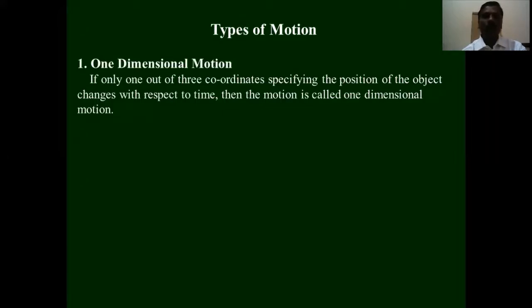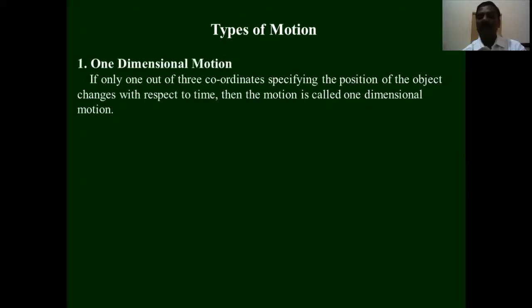Okay, so in case of the one-dimensional motion, you will find only one coordinate specifying the position of the object with respect to change in time. Then such motion is called one-dimensional motion. Means only one axis is sufficient.